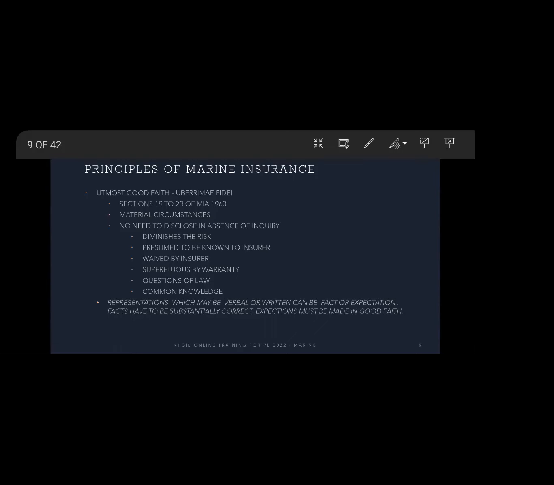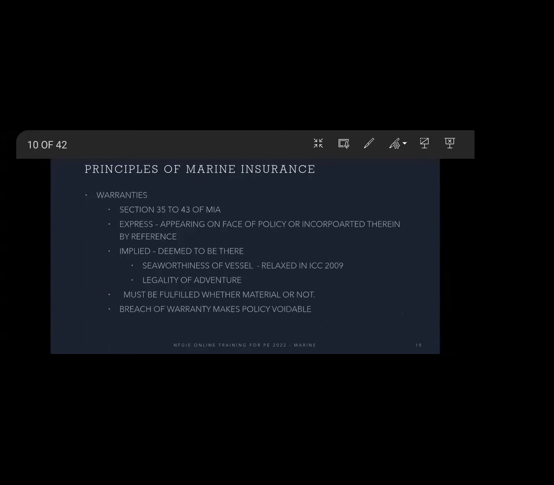However, that's a fact that it was covered by a waterproof container. That's what we mean by the facts have to be substantially true. As far as the expectations are concerned, suppose they expect the cargo to leave on 21st of April. If it was made in good faith and the cargo leaves on 22nd of April or 23rd of April, then that is okay. So that is essentially the principle of utmost good faith, and we'll move on to the next one.